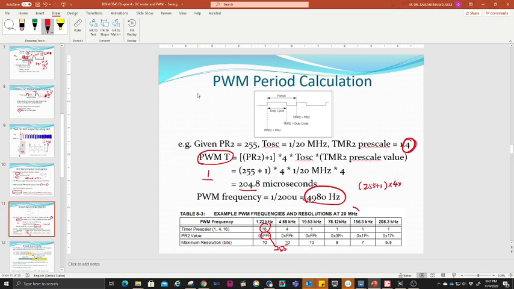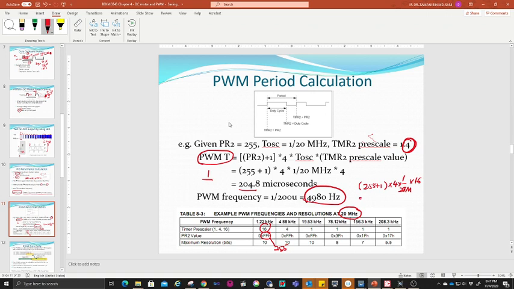This is given at 20 megahertz, so 1 over 20 megahertz, times 16.